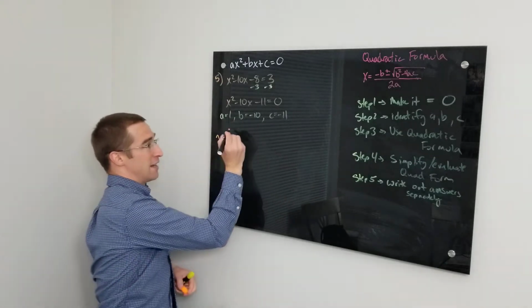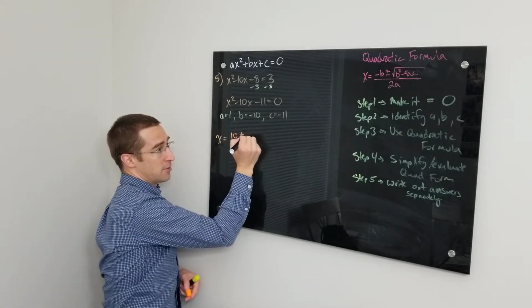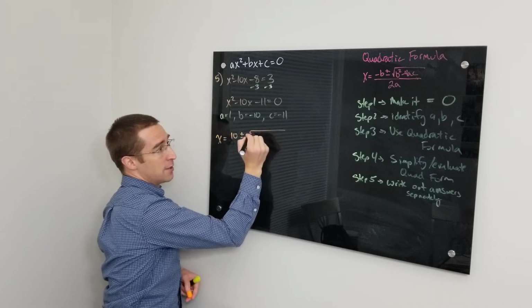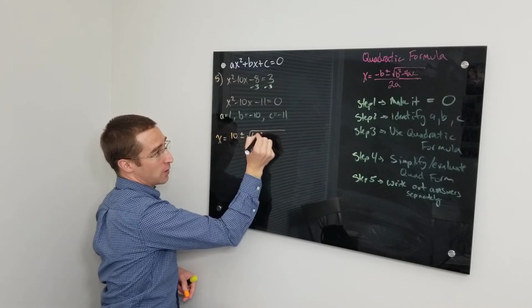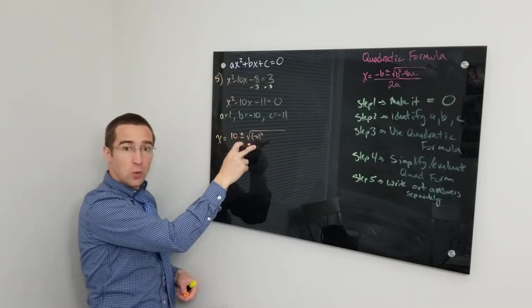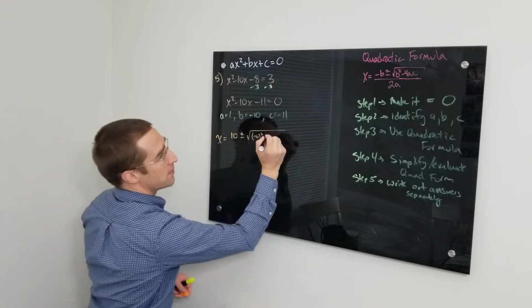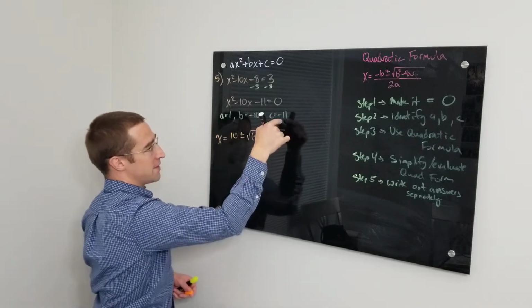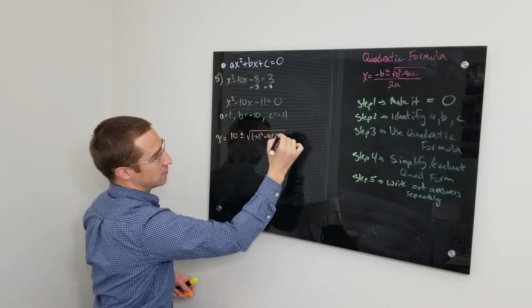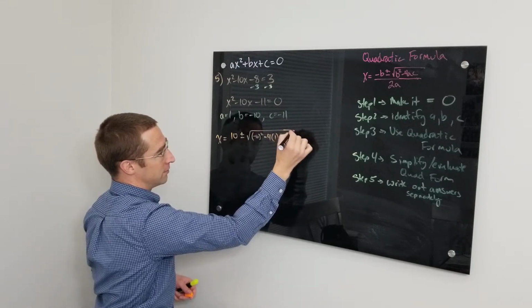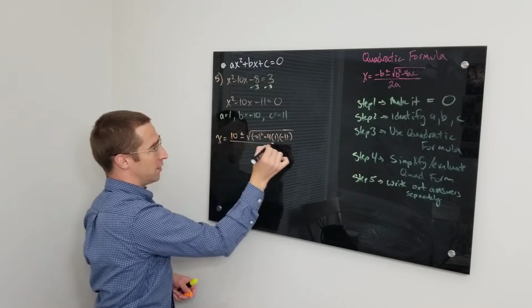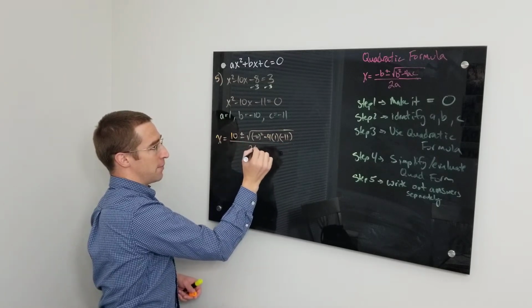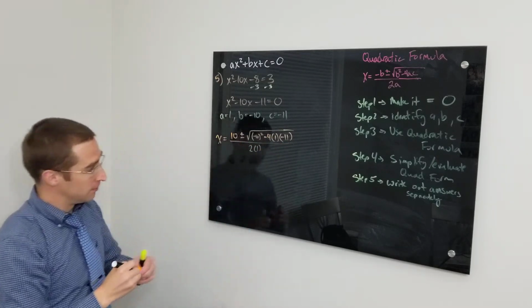So 10 plus or minus the square root of negative 10 squared. And when we square that, we're going to get a positive number, minus 4 times a, which is 1, times c, which is negative 11. And then all divided by 2 times a, which is just 2 times 1, because a is 1.